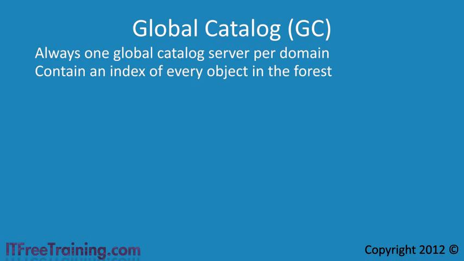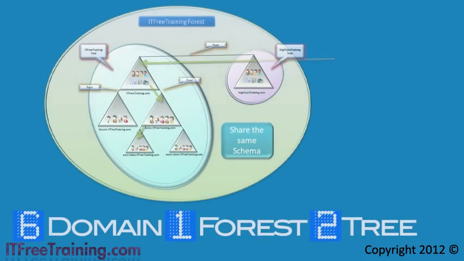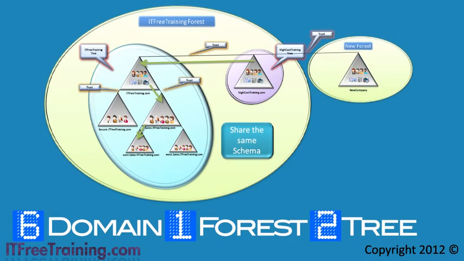The last example I want to show you is when another forest is added. This may occur if your company takes over another company that already has its own Active Directory infrastructure. Active Directory does support this by an administrator manually creating a trust between the two forests. In this case, there are two forests.